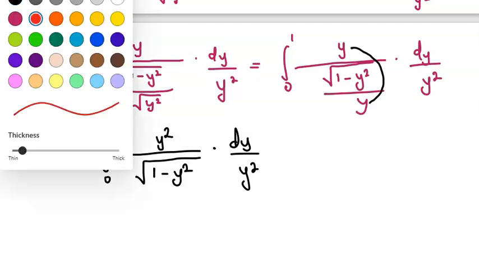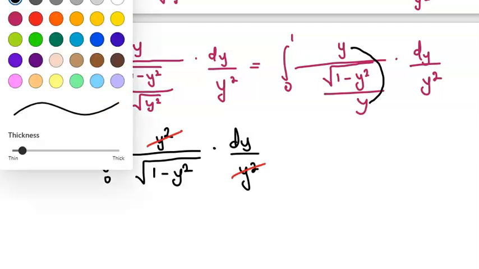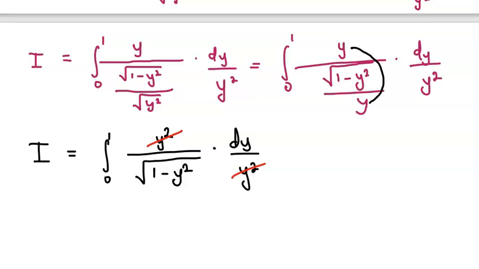So are you seeing this cancellation? This gets rid of this, right? Cool. So now our integral is equal to the integral from 0 to 1 of 1 all over the square root of 1 minus y squared dy.